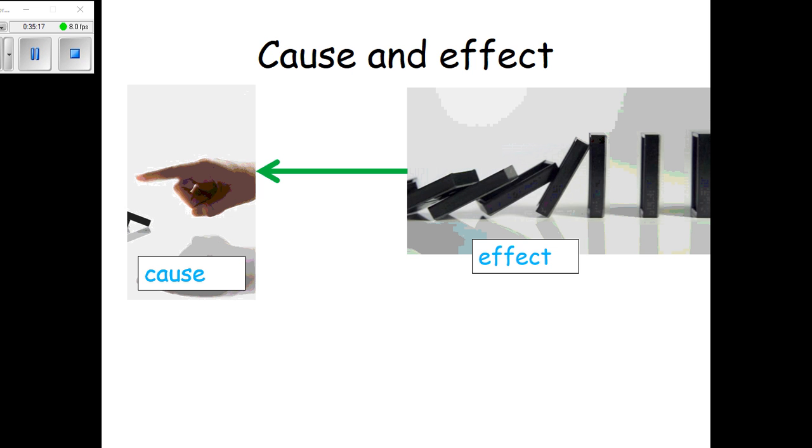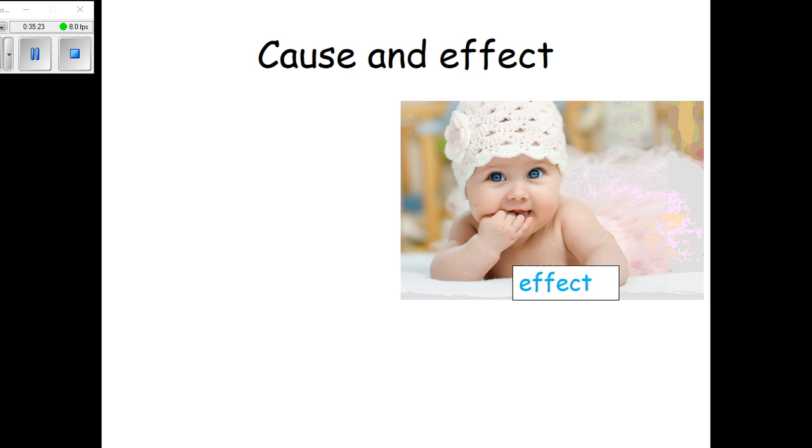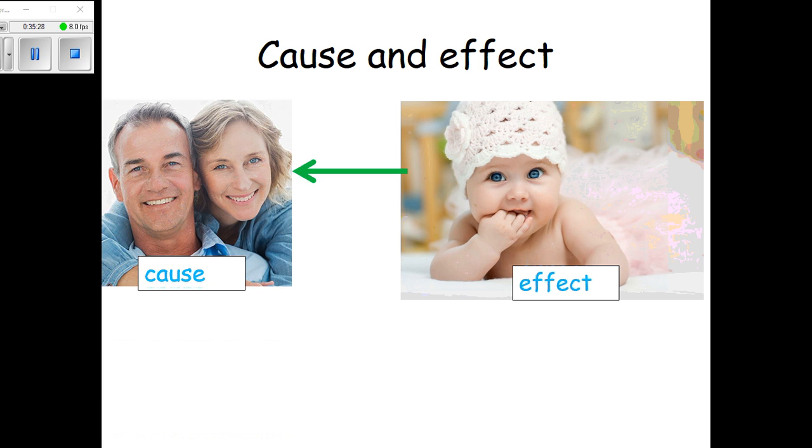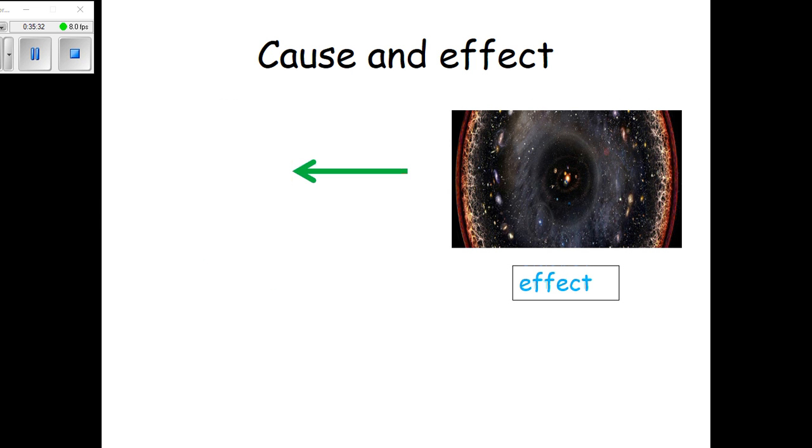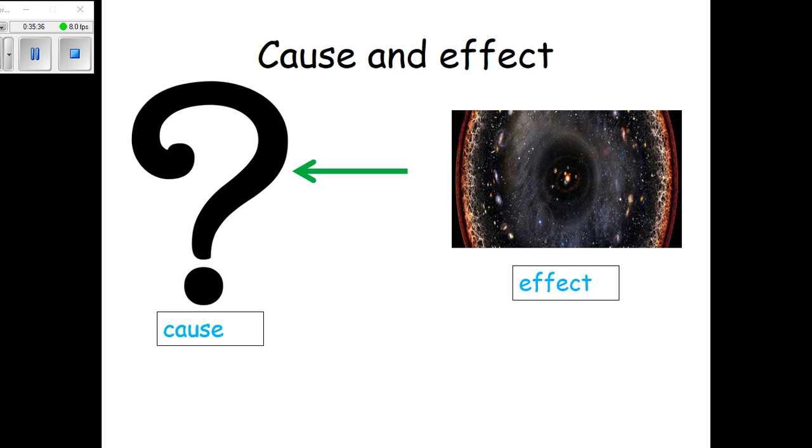So the dominoes falling over, caused by the person pushing the domino. Effect, a baby. Cause, sexual reproduction. The universe is an effect. What caused the universe? So this is the question that Aristotle is asking.